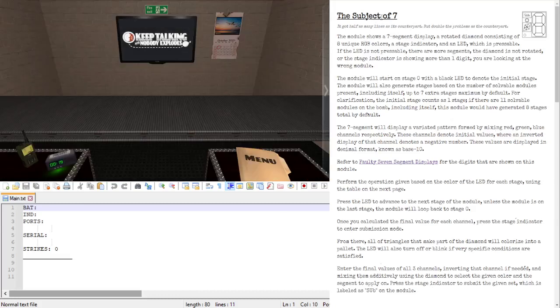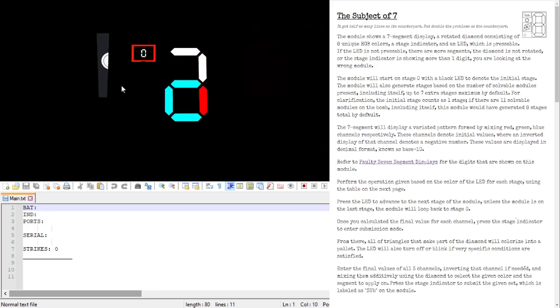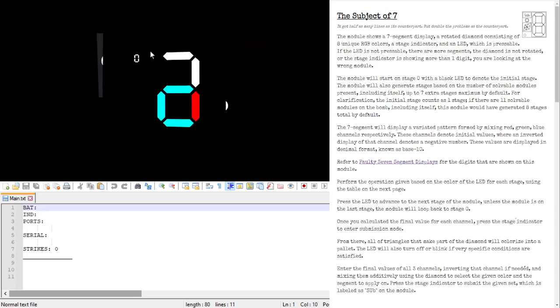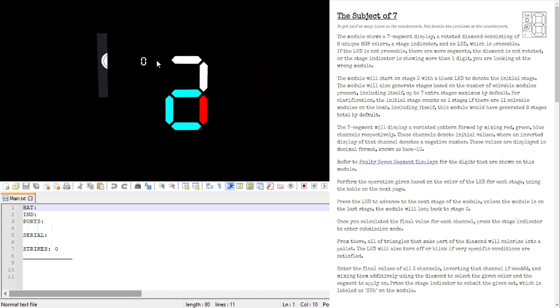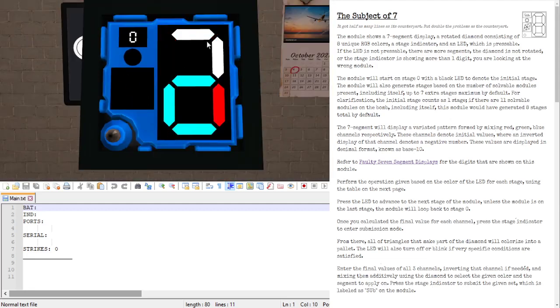This time we're covering the module called 7, just the number 7. So, what's this module about? It looks like this. It has a display of a stage number, which is initially 0, and then we have these segments, which are like a digital 8.